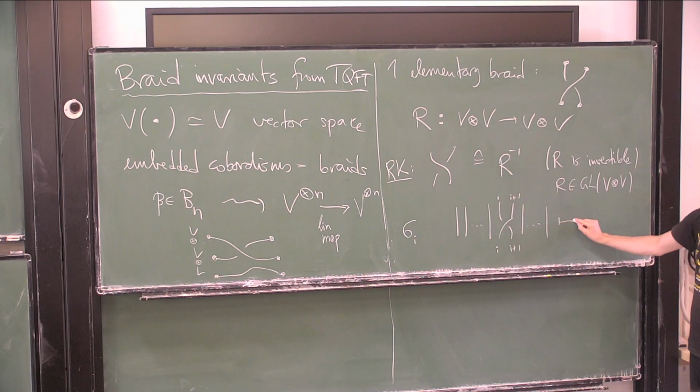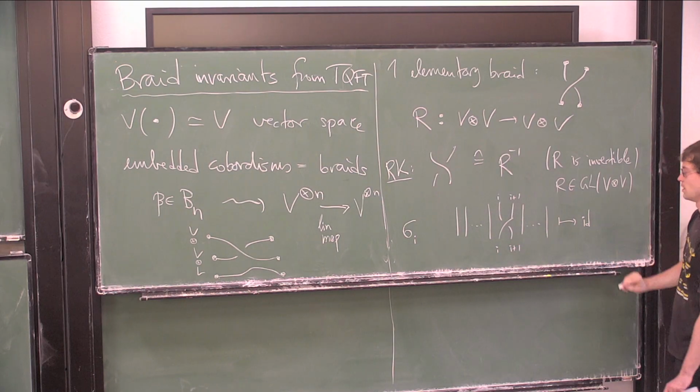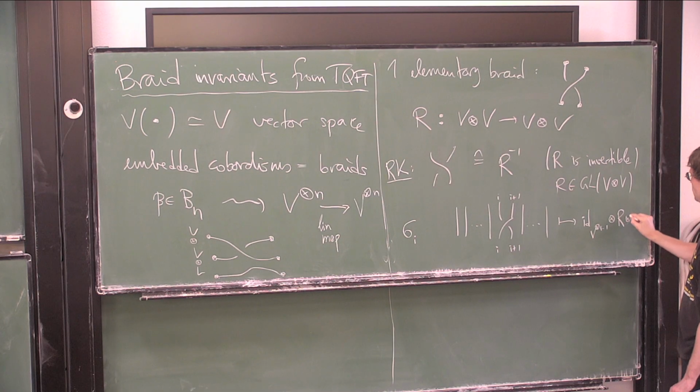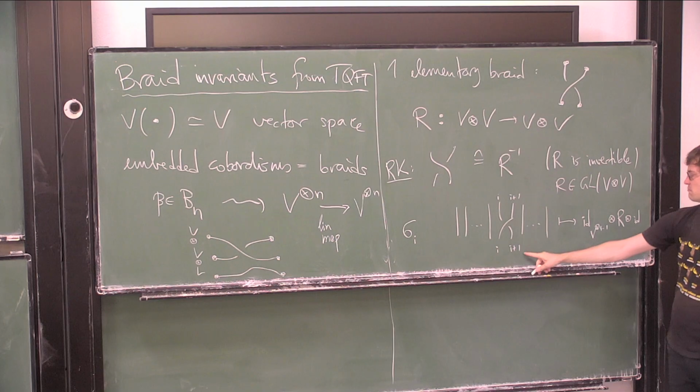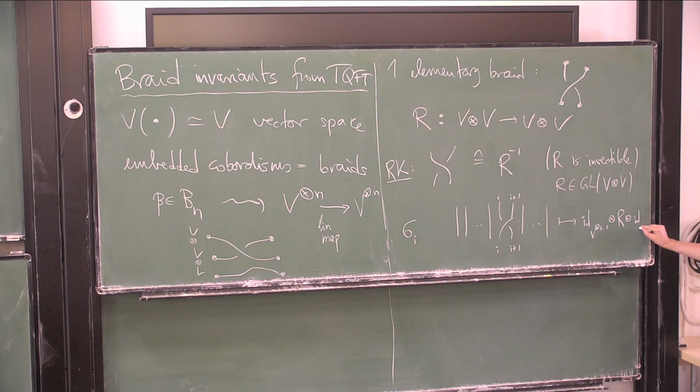What you associate to it is identity on V tensor, R, and then identity on n minus i minus 1.